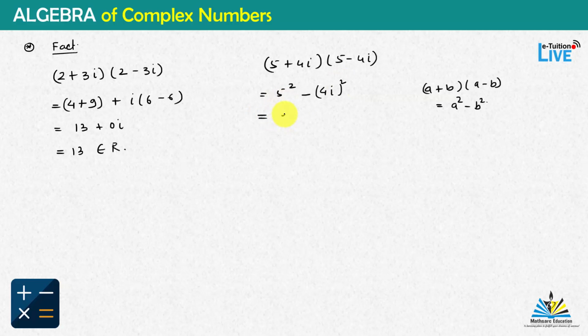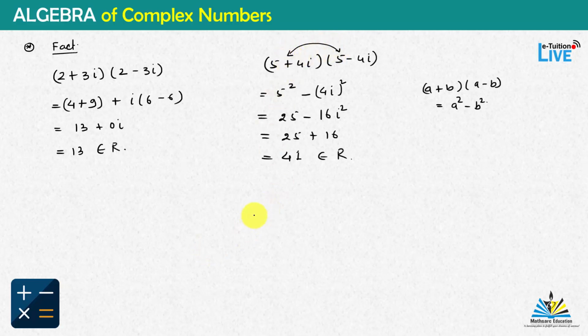So what we are getting here? 25 minus 16i square. i square is minus 1, so 25 plus 16, and this is equal to 41, which is a positive real number. And these two are complex conjugates of each other.